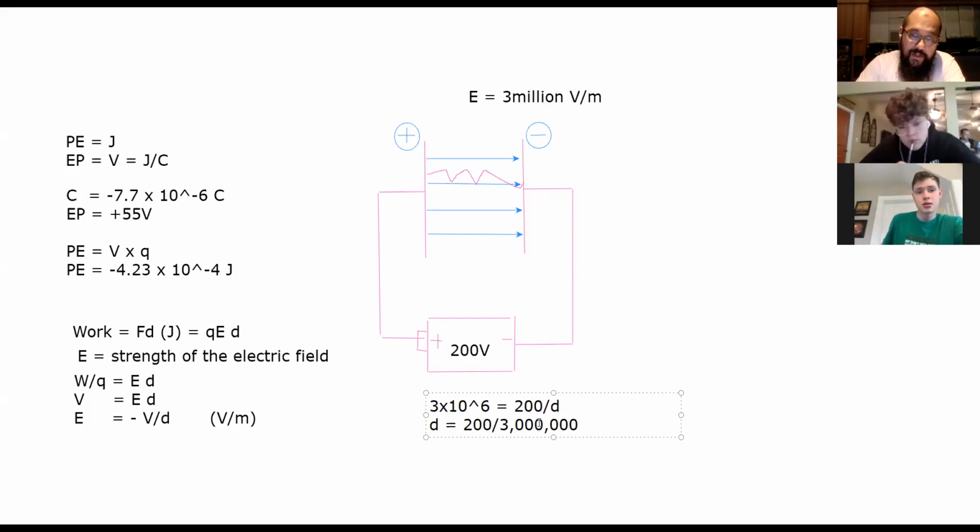The sign at the front actually doesn't matter because you only want the distance between the two plates, so you can get rid of that.